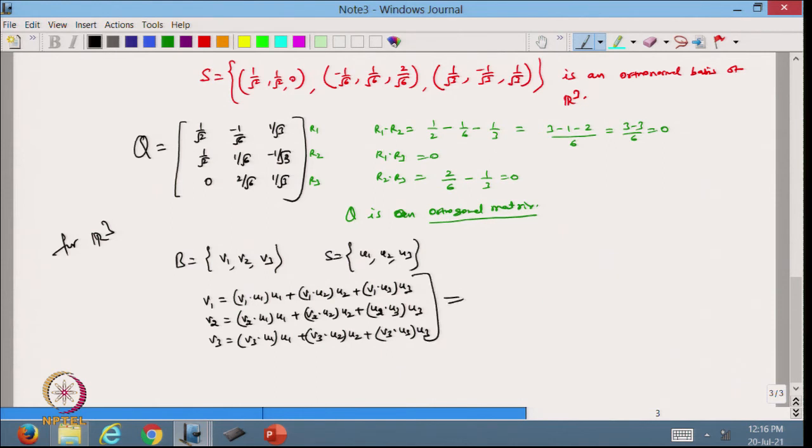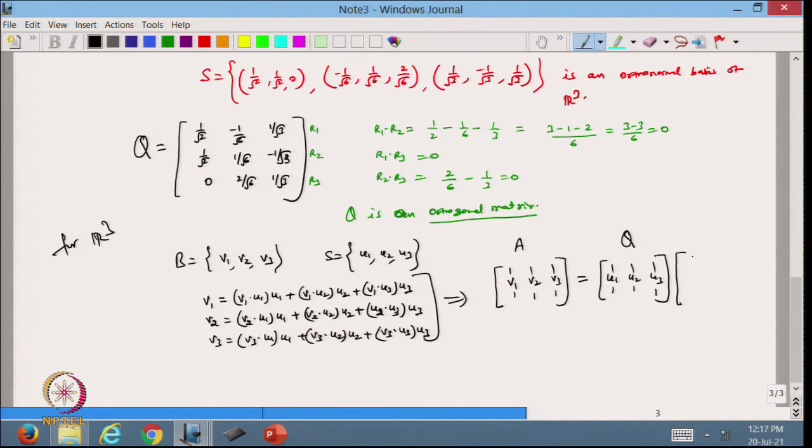This system can be written as follows. I take a matrix with first, second and third columns, which is made up of the linearly independent basis vectors. I can call this matrix A. Now I can write this as U1, U2, U3. I am taking U1, U2, U3 here, so we call it Q, and then I can have a matrix here.